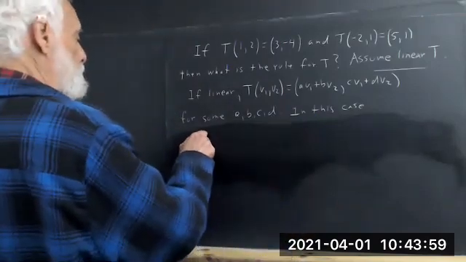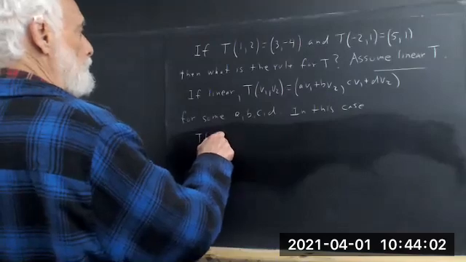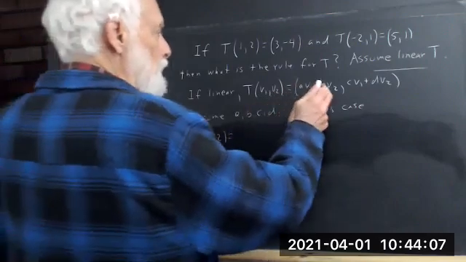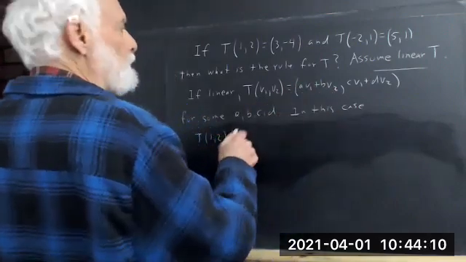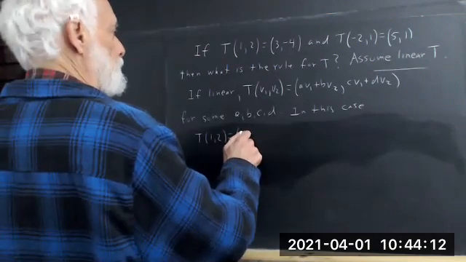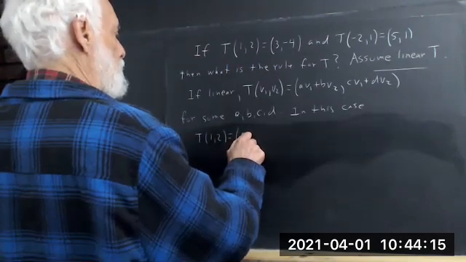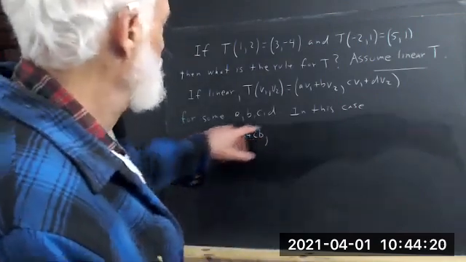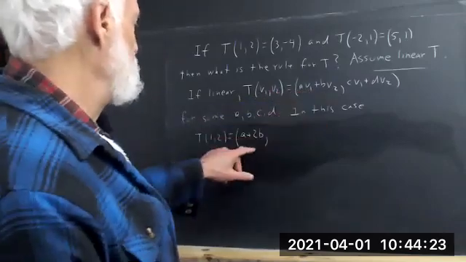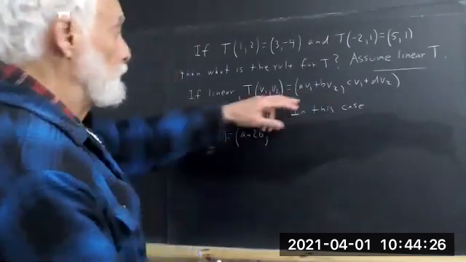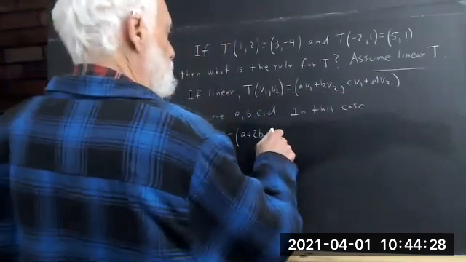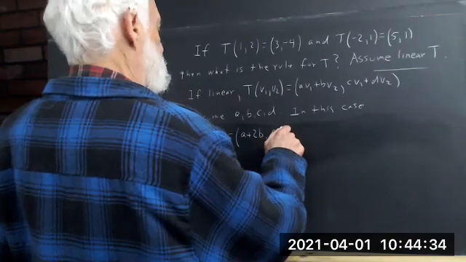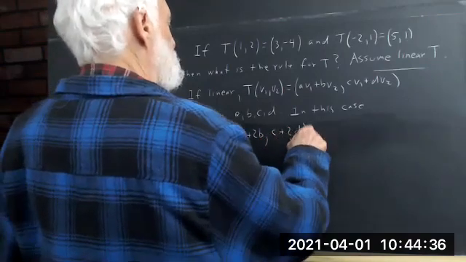T of 1, 2 by the rule would equal A V1 plus B V2, which is, I'm just going to write it out, A plus 2B, V1 being 1, V2 being 2. You got the A plus 2B. That's your first component. And your second component is C plus 2D.